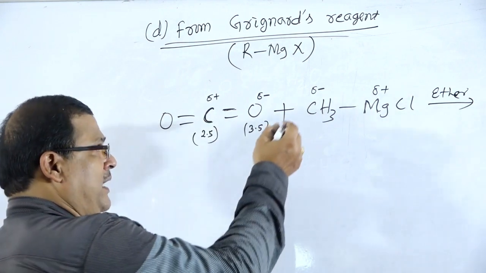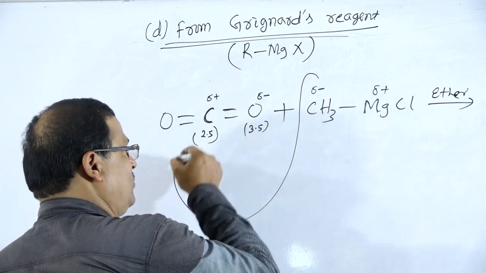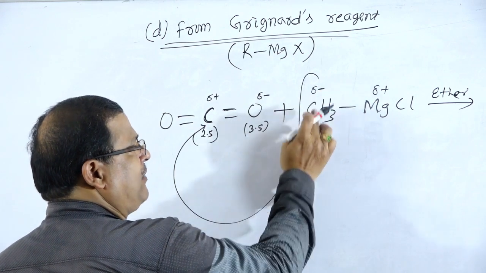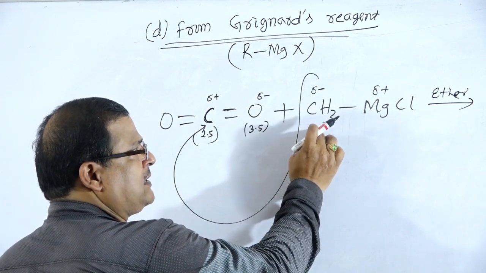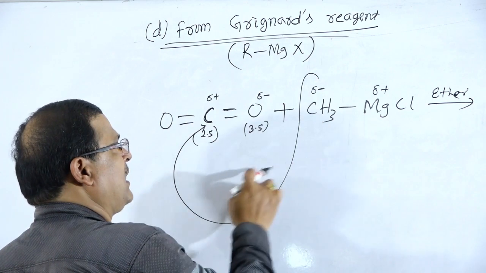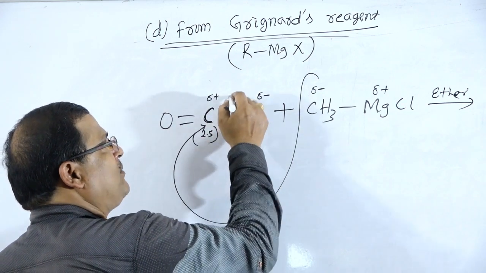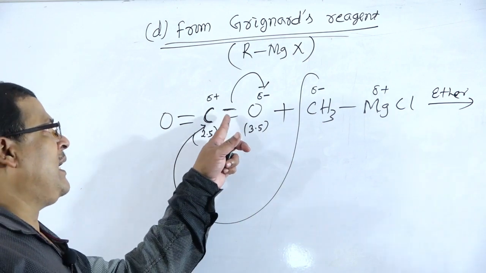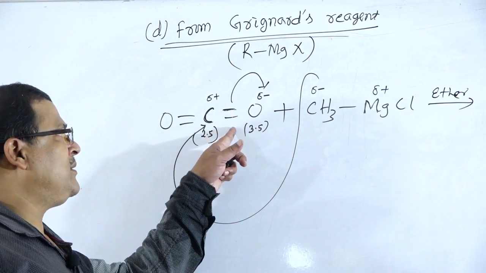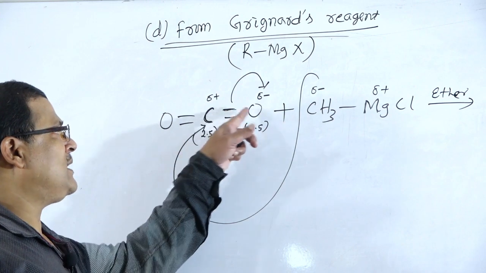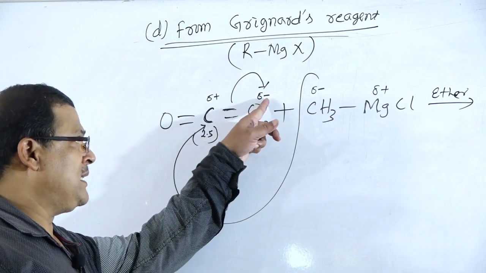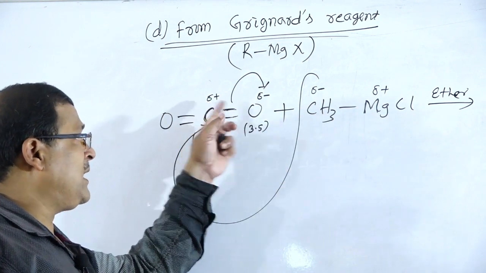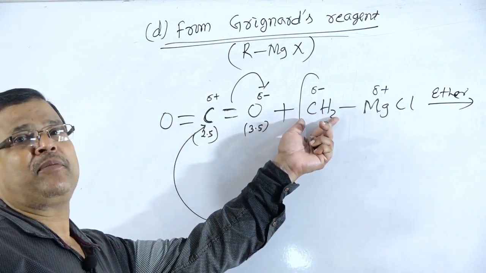Then how does the reaction occur? The negative carbanion is treated as a nucleophile and attacks this carbon atom, and the carbon-oxygen bond breaks. The negative side attaches to the positive side, and the positive side to the negative part.